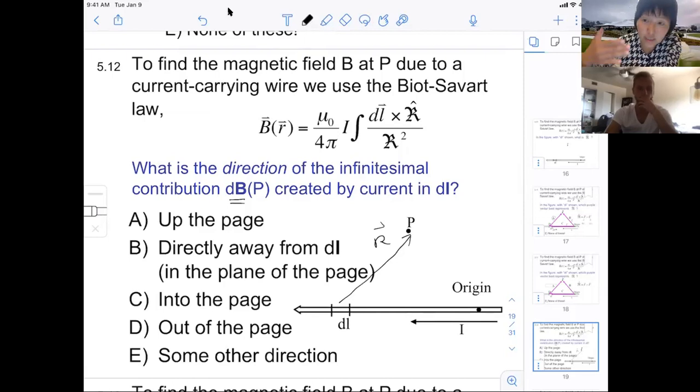Your dL here, it doesn't really matter if your two vectors are not perpendicular to each other, as long as they define a plane, your thumb is going to be perpendicular to the plane. dL is pointing to the left and the R is this way. If you cross it over to the other side, you can see your thumb has to be pointing into the page. Very good. So that is the correct direction for the dB.